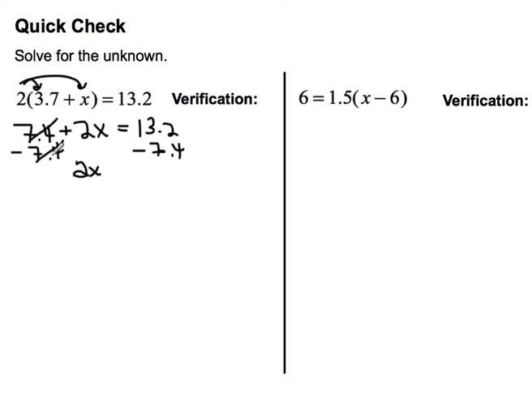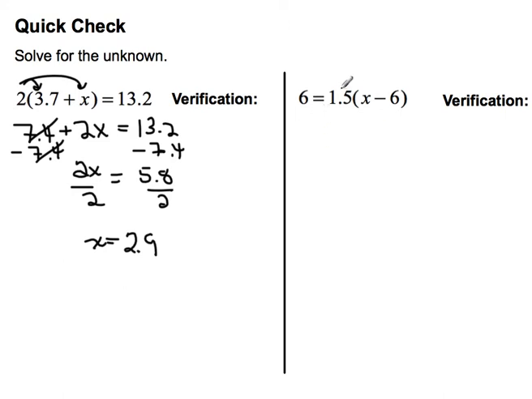What I do to one side, I do to the other. So I get 2x is equal to 5.8. And I'm going to divide both by 2. And when I do that, I'm going to get 2.9. I'll verify this one over here just to show you one with decimals.